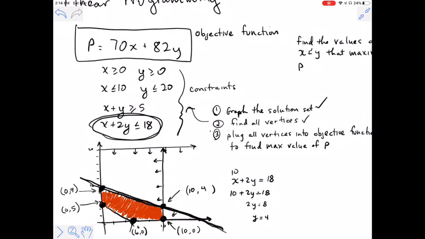Okay, step 3 is we have to plug in all of these vertices one at a time into the objective function, which is this right here. We need to plug in those x and y values into the objective function and see which one of those pairs of x and y gives the biggest value for p.